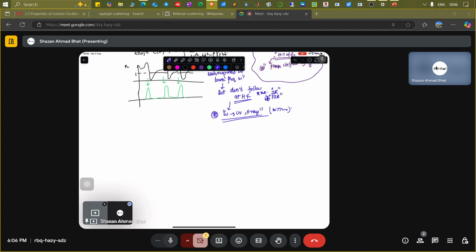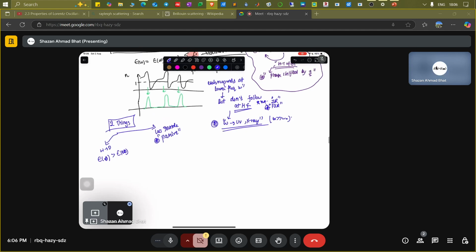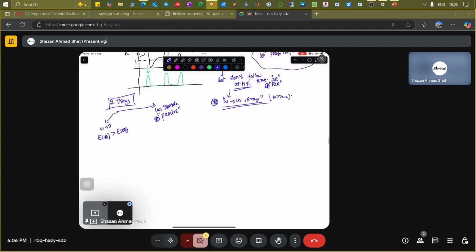The two important things to note from this are that at lower frequency, that means omega tending to 0, epsilon of 0 is greater than epsilon infinity, and you have a loss inside the system. If you have a passive system, what is passive? Passive is that you give it some form of energy and it gets absorbed. In an active system, if you give in the energy, the electromagnetic wave is going to get amplified.